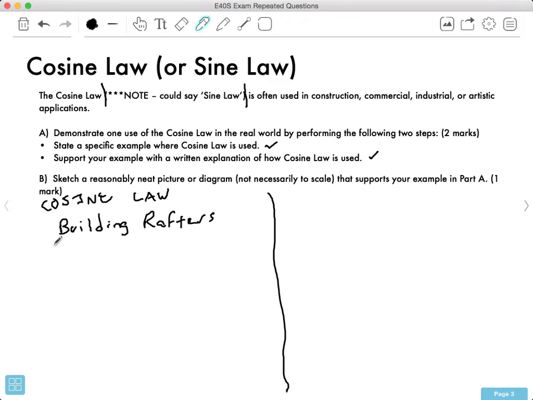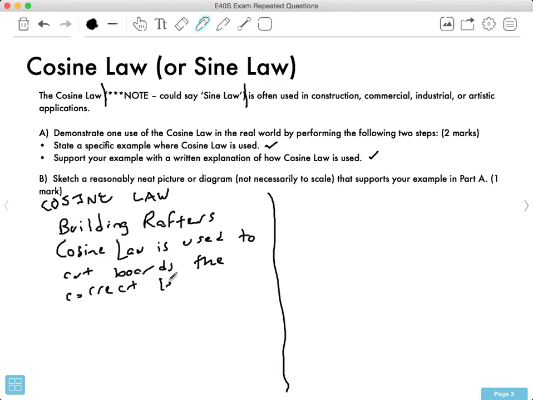And you can say cosine law is used to cut boards the correct length. That is one place where the cosine law could definitely be used.